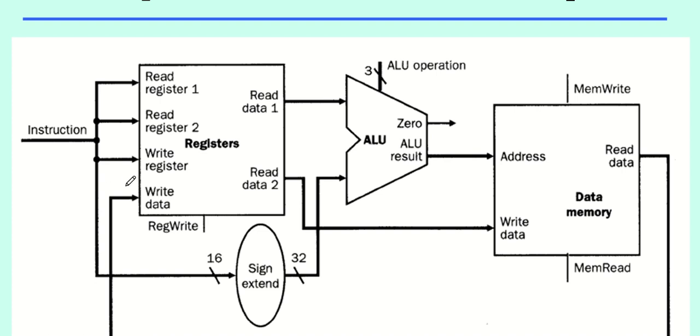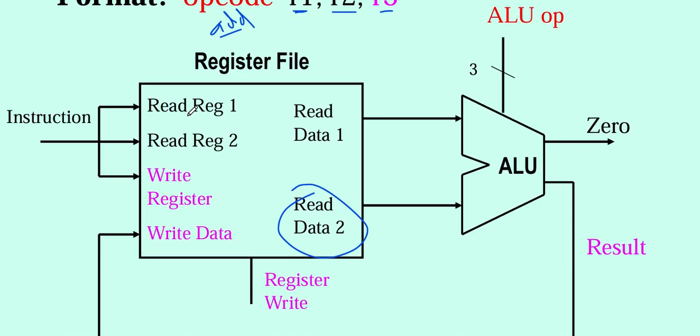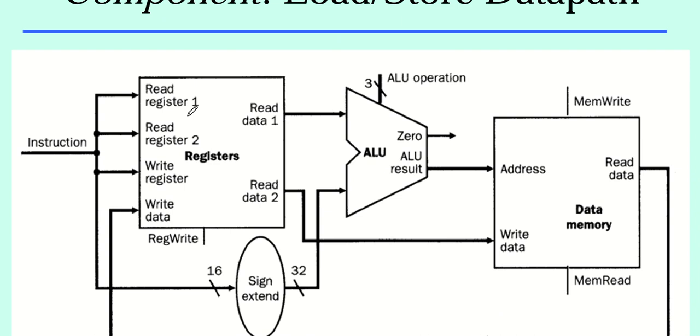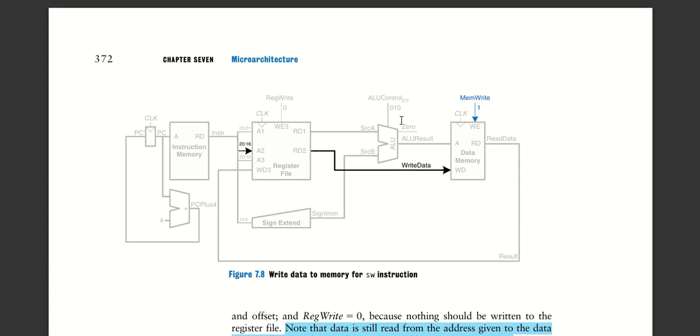Now the load store instruction, unlike the R-type instruction, does not read three registers from the register file. It only reads two. So let me use this one to explain.